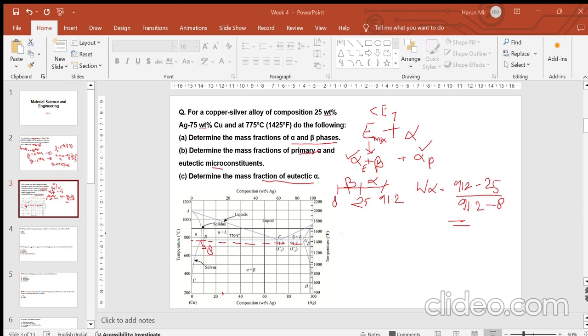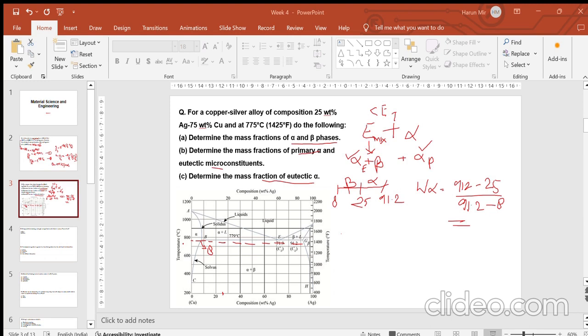So in order to calculate this primary alpha, we should use this region which is around A, B, E. So in this region, we can calculate our primary alpha to determine part B. So for part B, if we are around this region, say for example we take a region above this eutectic point at 25 percentage alloy composition, so we will be somewhere in this region, right?